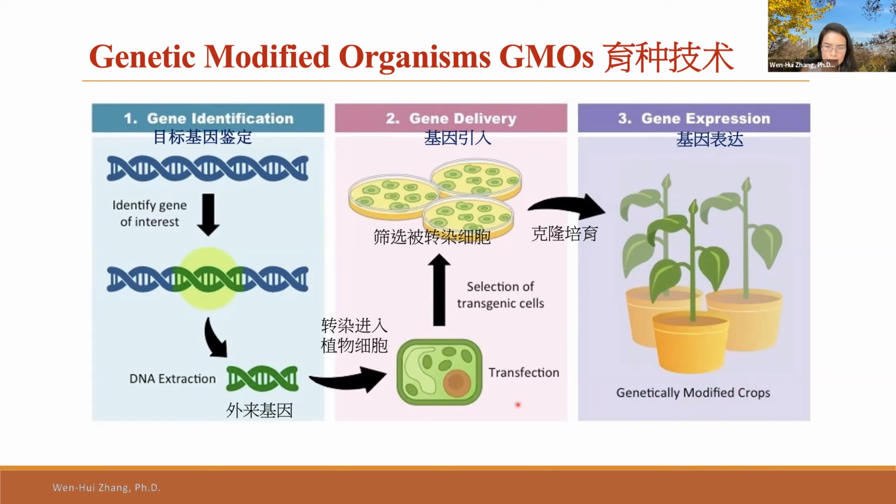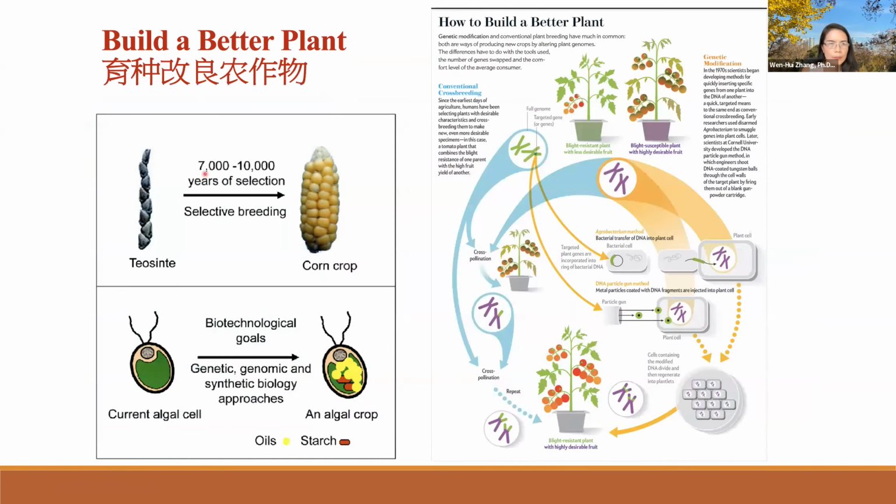So it's just the DNA has inserted a fragment that comes from a different organism. For the traditional, it may take thousands of years to get a desirable crop. But with the technology, it could take much shorter time, like months or years, to get a desirable feature of a crop.